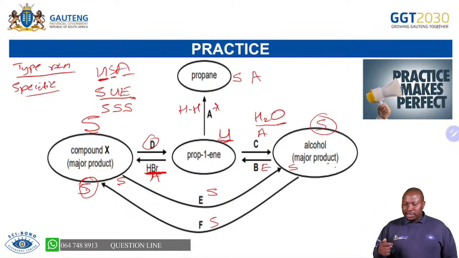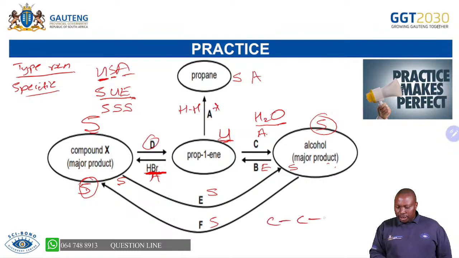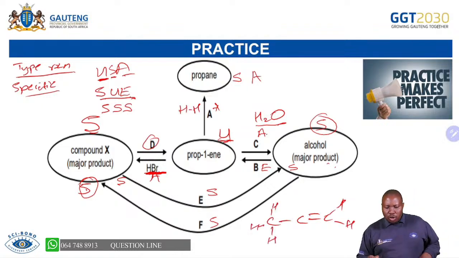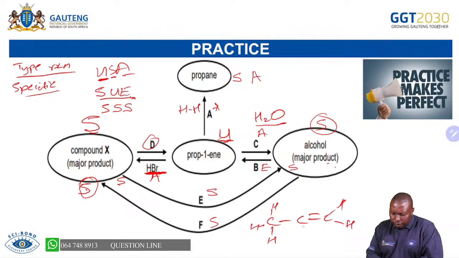So in other words, if you have prop-1-ene, which I can quickly show the structure like that. I know I said it doesn't matter to call it prop-1-ene, because the ene is on carbon number 1. So I'm still standing with that. It's fine, prop-1-ene or propene as the structure that we are given there. Now you are able to say, if we have propene becoming propane, here in reaction A, propane is that structure.